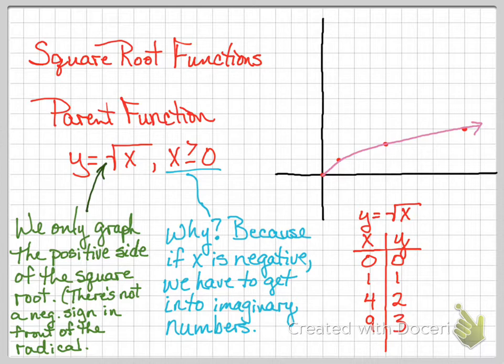That means there's no graph there. So the graph starts at that end point, and then it may go up and to the right, it may go down and to the right. In certain cases, it may go up and to the left or down and to the left.